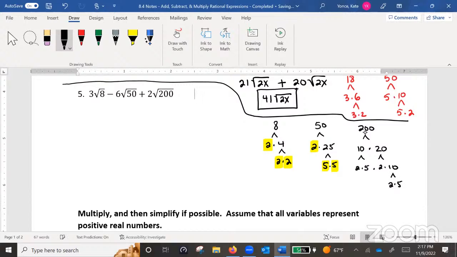Remember, you can start with anything. Like with 200, you could have started with 2 times 100. I started with 10 times 20, but you should always still get all the same prime numbers.